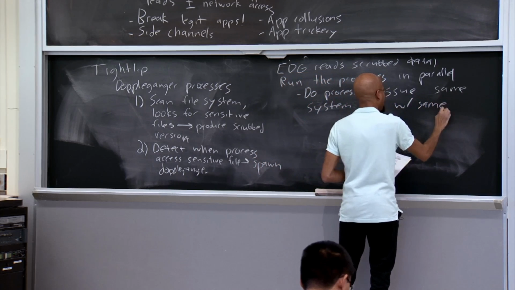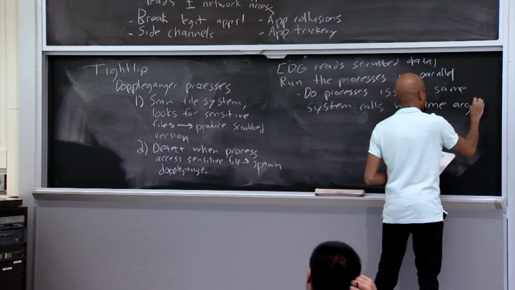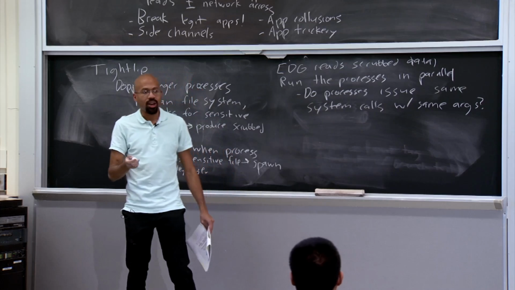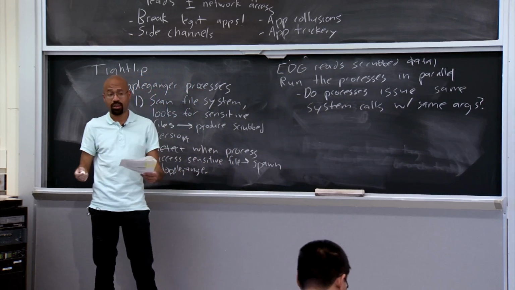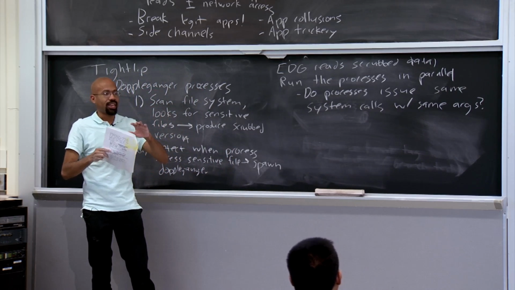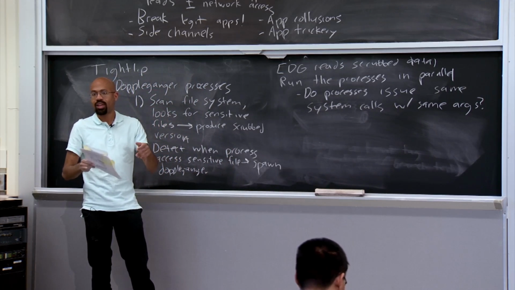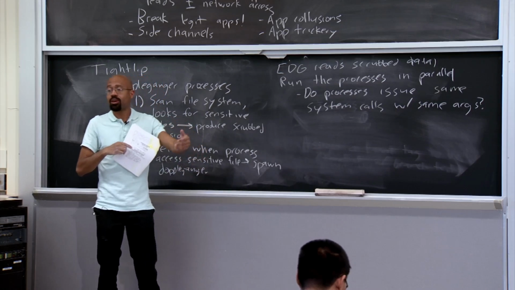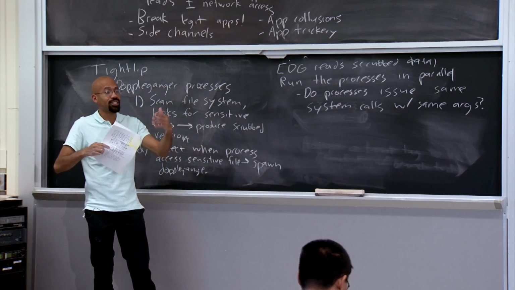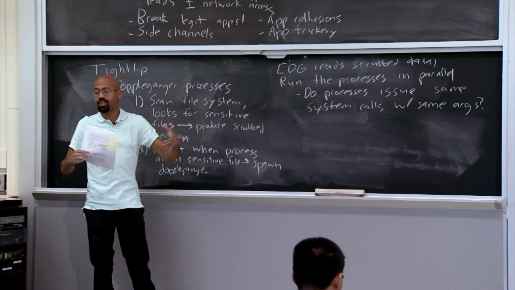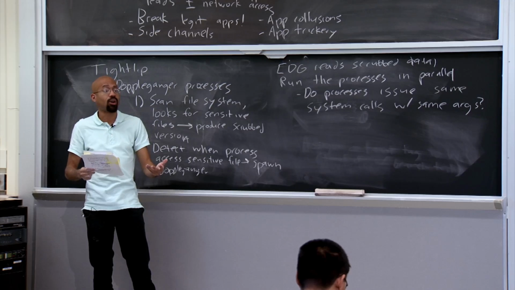If that's the case, then presumably those system calls do not depend on the sensitive data. In other words, if I start a process that tries to open some sensitive file, I feed it basically junk data, and I let it execute. If that doppelganger process still does the same things that the regular process would have done, then presumably it wasn't influenced by that sensitive data at all.